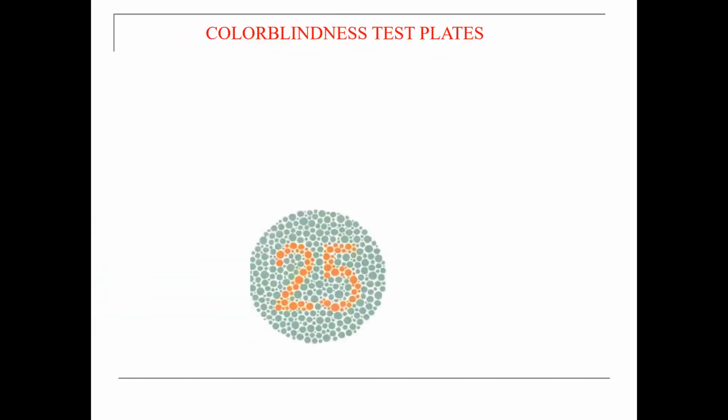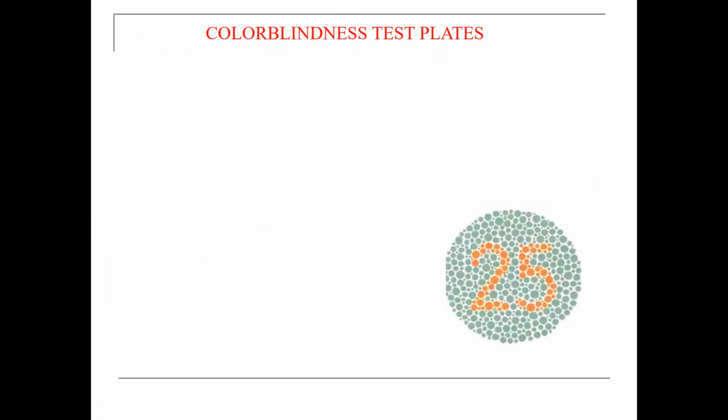Now, the test for color blindness involves a series of test plates that are designed to detect red-green color blindness. A plate will have a series of bubbles, in this case a light green color with orange bubbles showing the number 25.